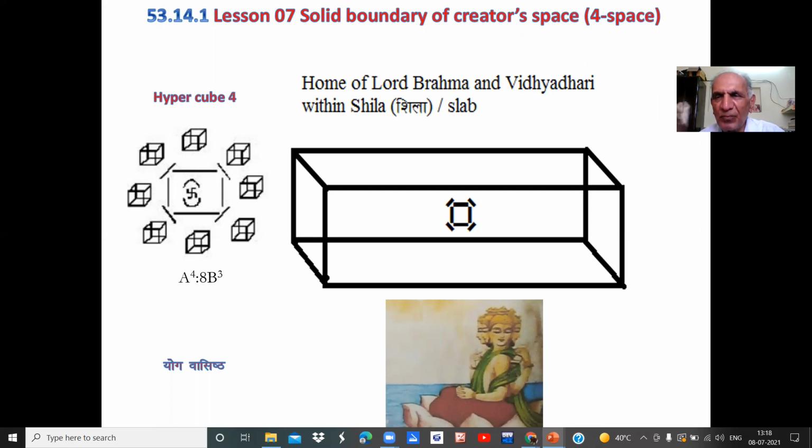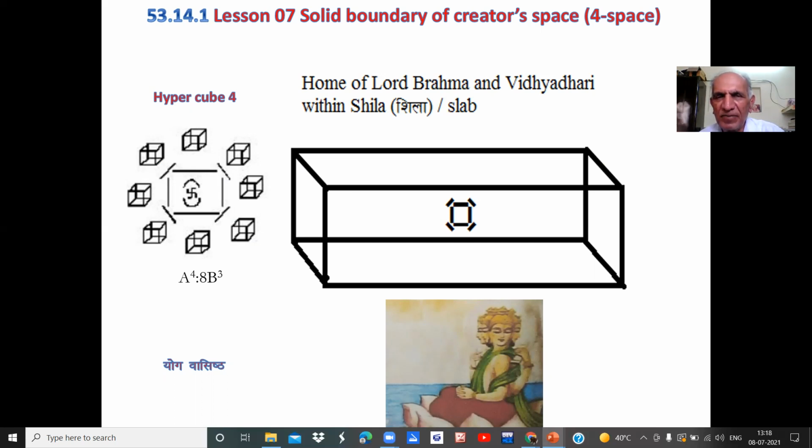Yoga Vasishtha Puran is the enlightenment bestowed by Brahmrishi Vasishtha as a guru upon Lord Rama, incarnation of Lord Vishnu of Treta Yuga.